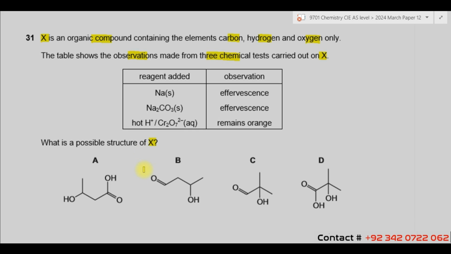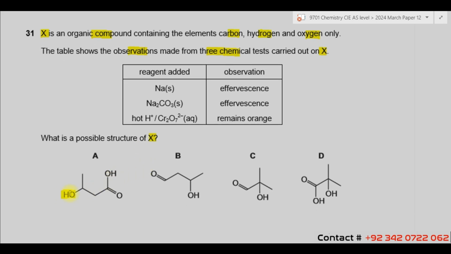Let's see what is given. We have alcohol, carboxylic acid, aldehyde, secondary alcohol, aldehyde, tertiary alcohol, carboxylic acid, and tertiary alcohol. Alright, so sodium. Sodium can react with alcohol. Sodium can also react with carboxylic acid.